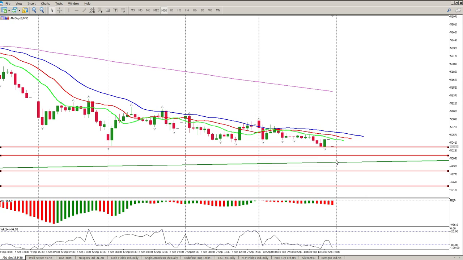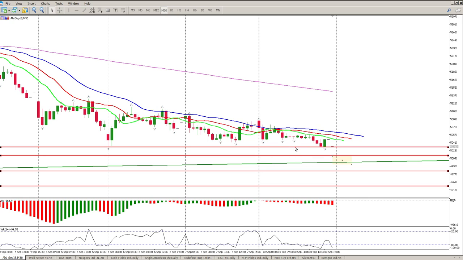So I would think somewhere, let's just put a block here, somewhere in this area, so let's just say around 50,000, I would expect buyers to step in. Probably worthwhile taking a stab at a long here, keeping a fairly tight stop loss, and seeing how high we can bounce. Okay, so that's kind of my play on this today.